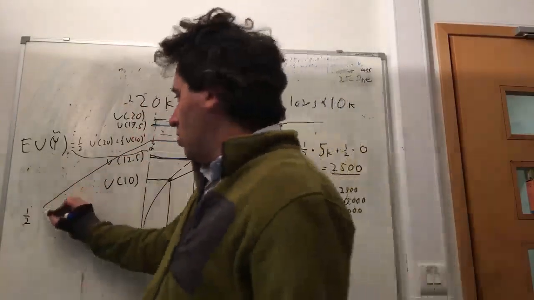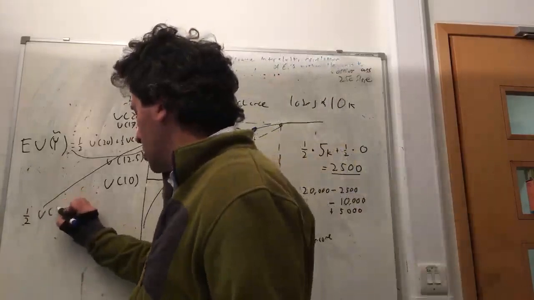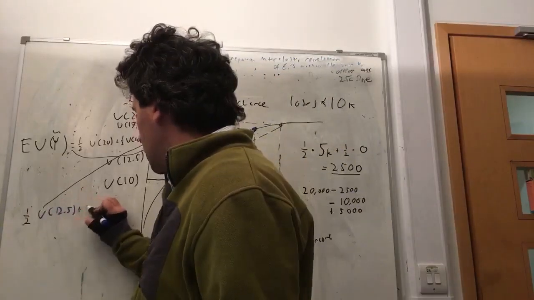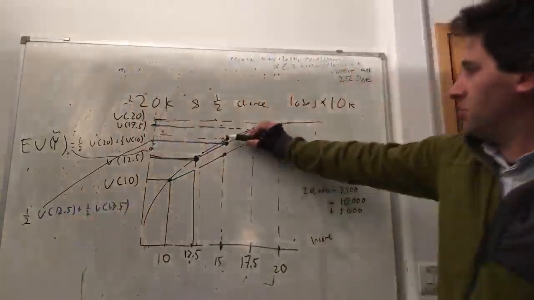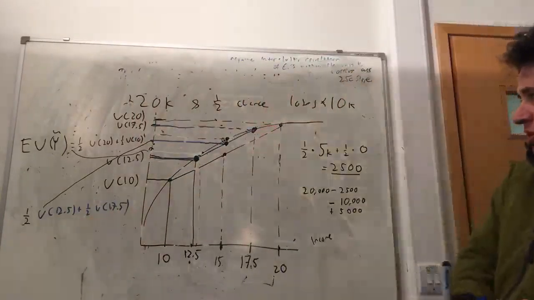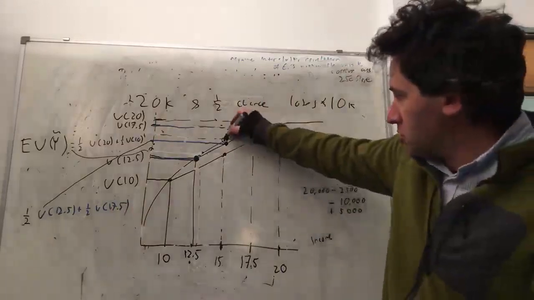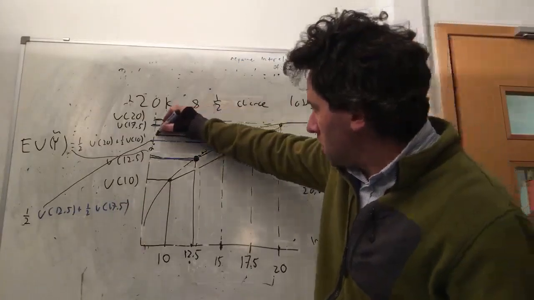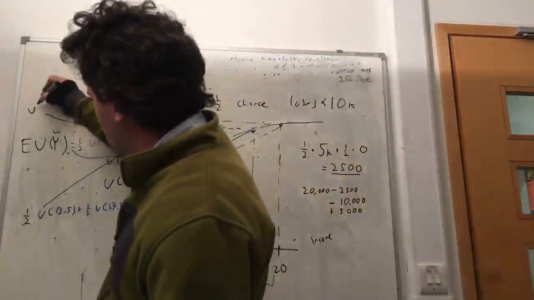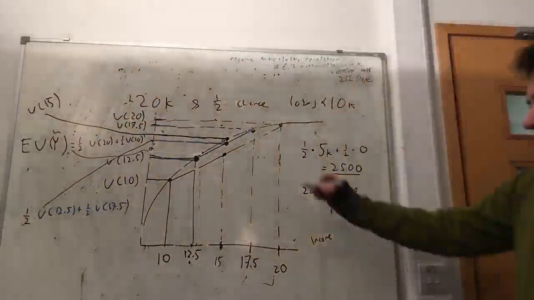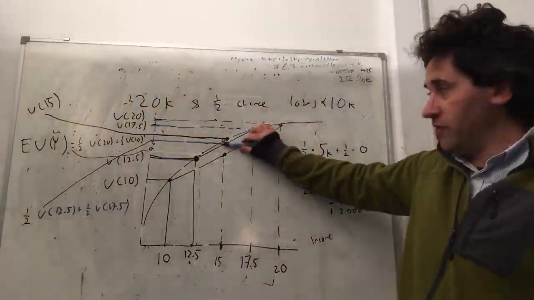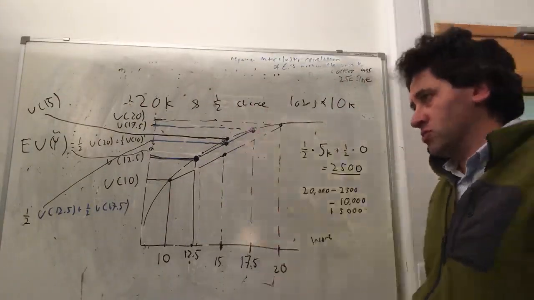This point here is still below this point here. It's still below the utility of having 15 for certain. So fair partial insurance is less desirable than fair full insurance when someone's risk averse.